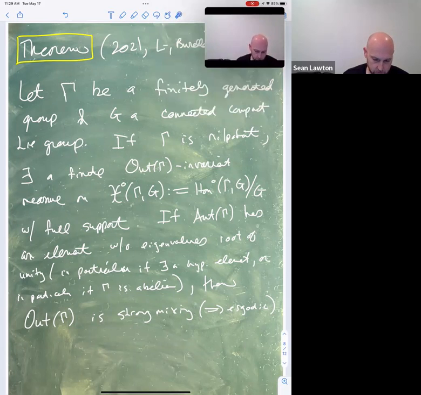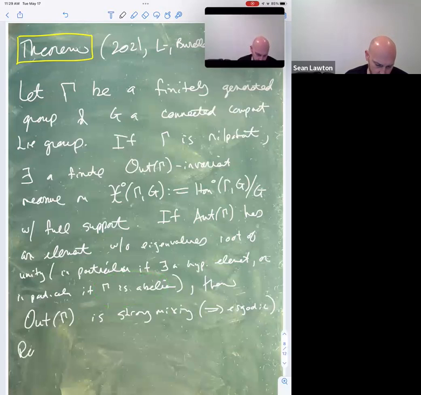So when gamma is abelian, it has at least one free factor in the free abelian part. If it doesn't have any free factors, then the connected component of the identity is trivial, and so this theorem is still stupidly true. But if there's at least one free factor, then this condition holds. But it's much more general than that. So that's the main theorem.